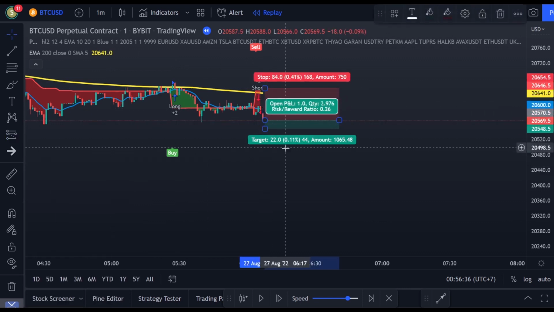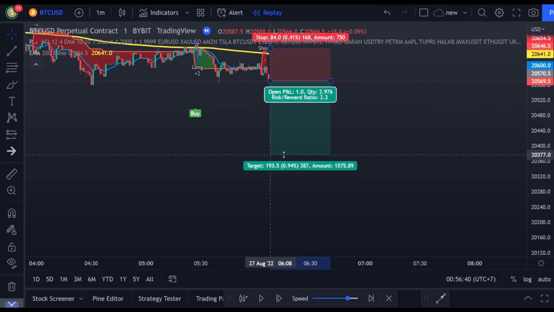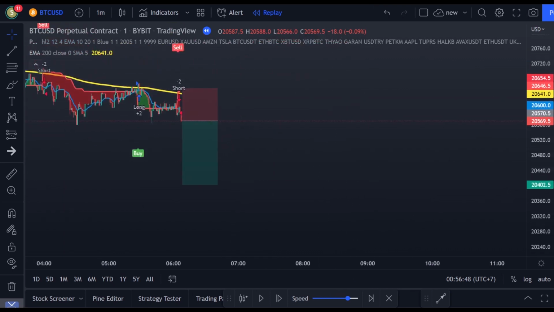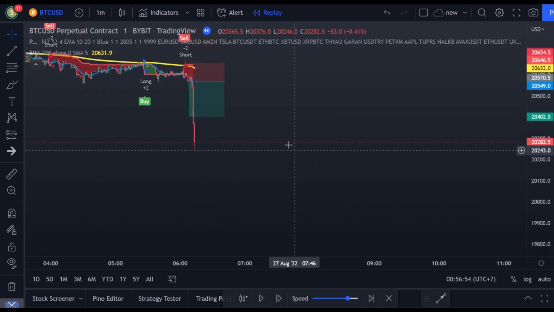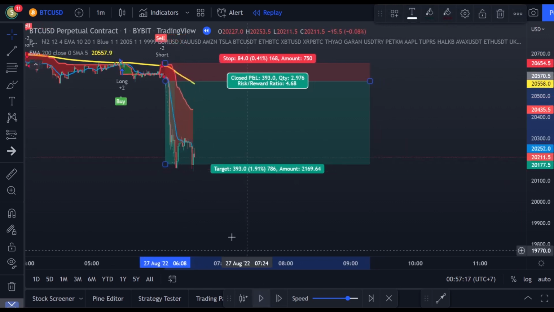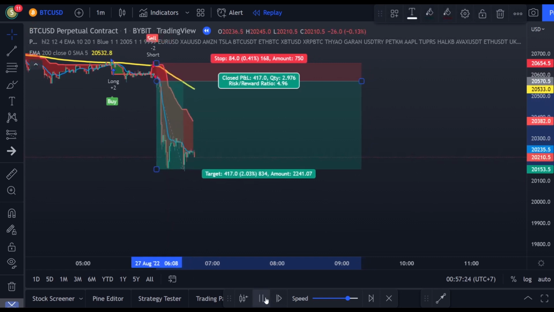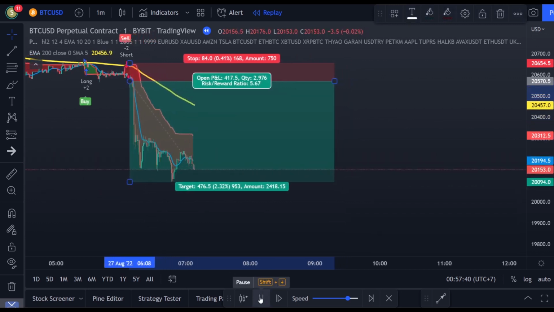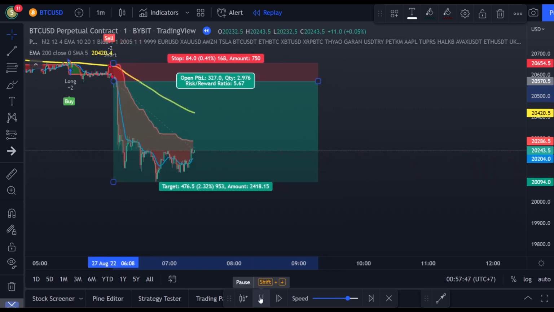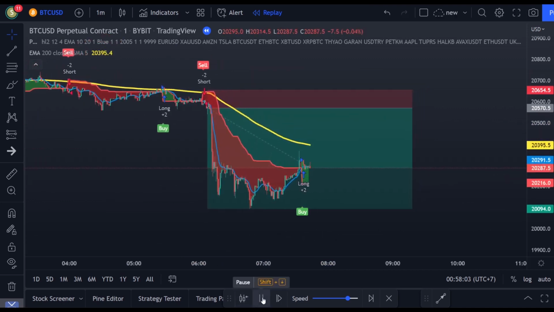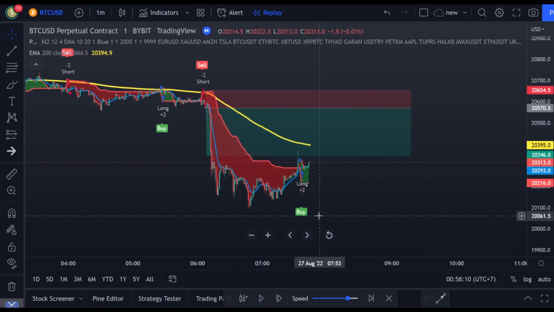We set a stop loss above the 200 moving average and set our take profit at the double amount. And as you can see, this is another profit trade.